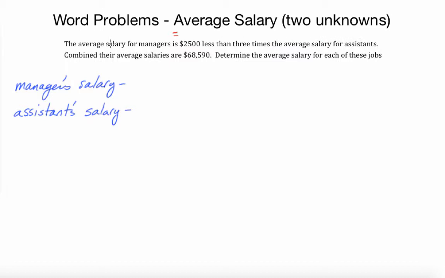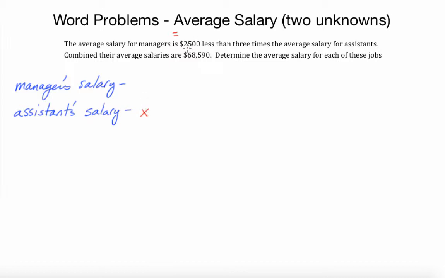So I'm given information about the manager's salary in relation to the assistant's salary. The assistant's salary I don't know anything about, but that helps me know that I should make the assistant's salary X. But I do know information about the manager's salary in relation to the assistant's salary.